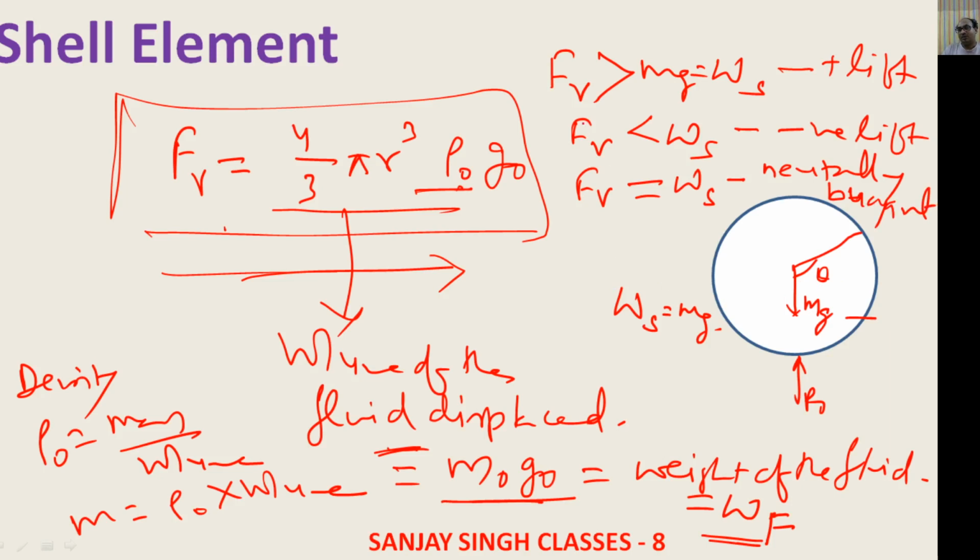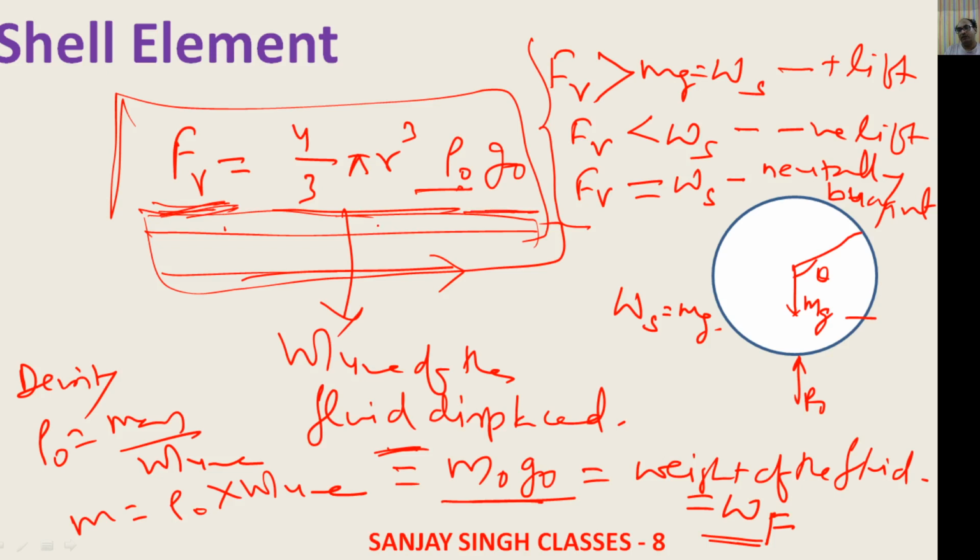Now we have seen how Archimedes' principle is proved mathematically, and how the lift is generated. Archimedes' principle says that the buoyant force exerted on the body by the fluid is equal to the weight of the fluid displaced by the body.